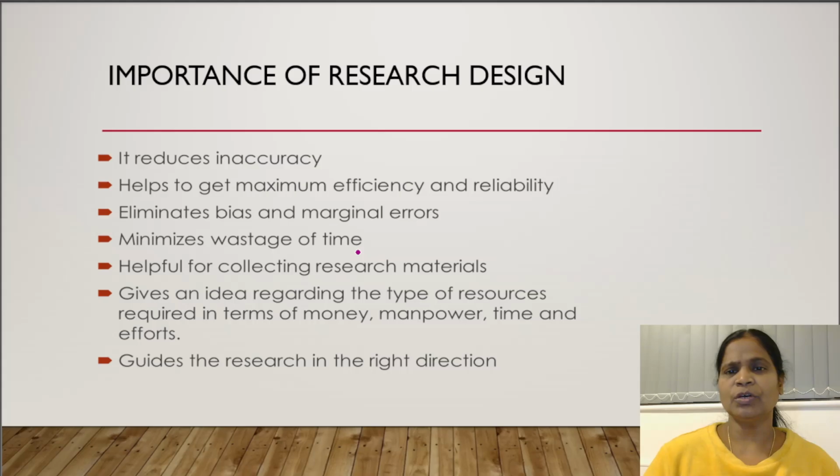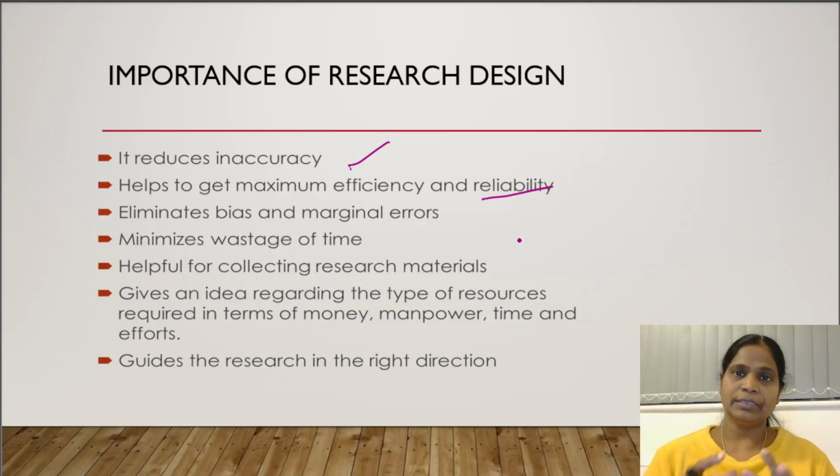Coming to the importance of research design, whatever we have discussed previously comes here as statements. It reduces inaccuracy. Errors will be reduced. It helps to get maximum efficacy and reliability. When we use this word reliability, it means consistency and stability of the results.